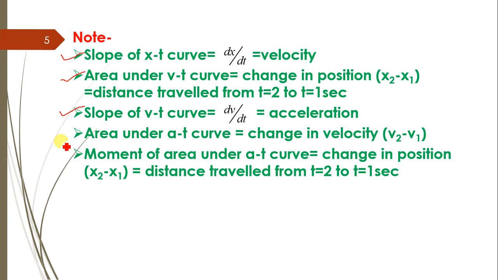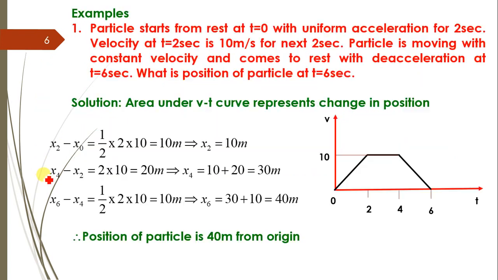And from the a-t curve we get two values: the area under the a-t curve is the change in velocity, and the moment of area under the a-t curve gives us the change in position. These important things we get by studying the motion curves. Now let's solve some problems based on these motion curves.